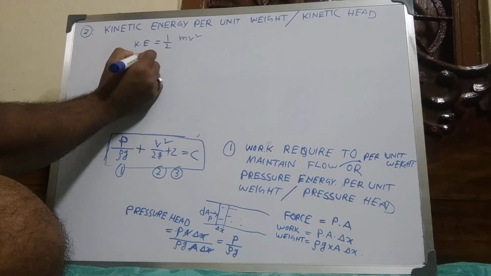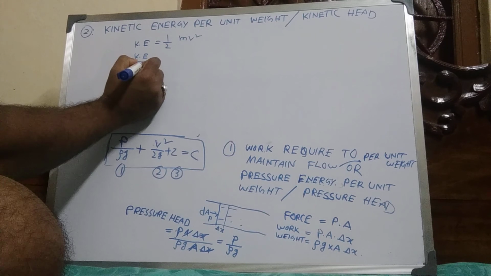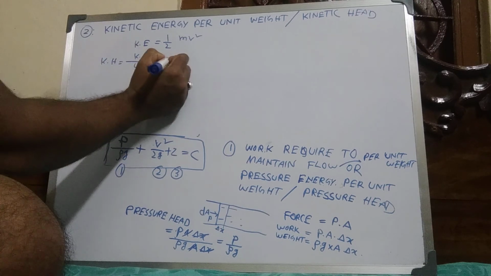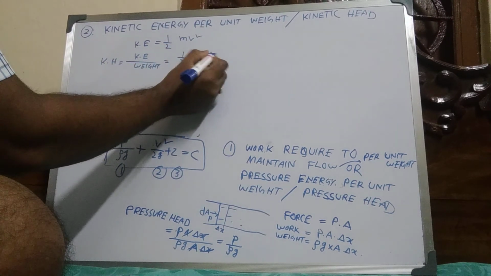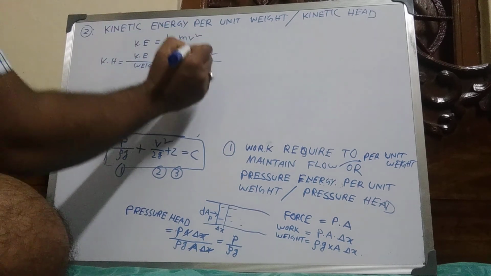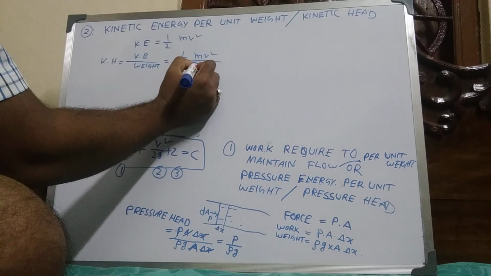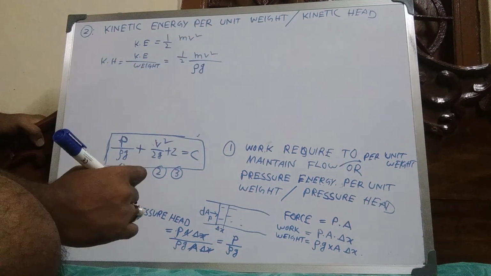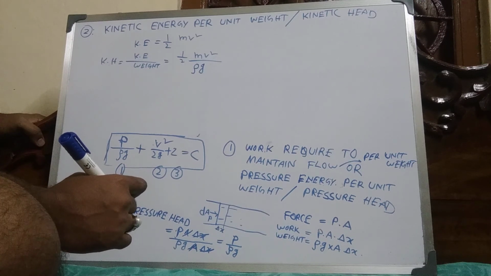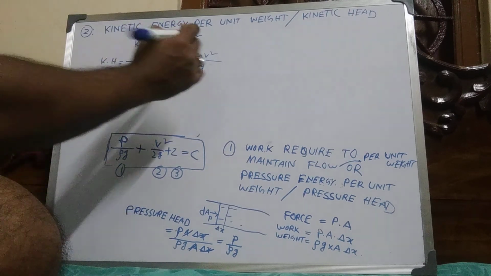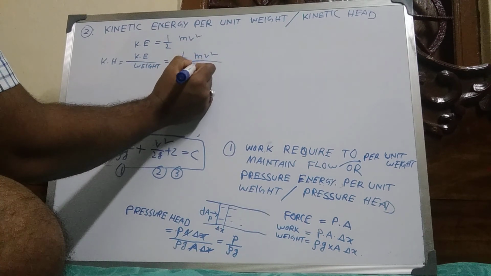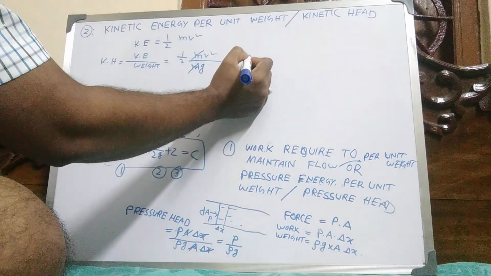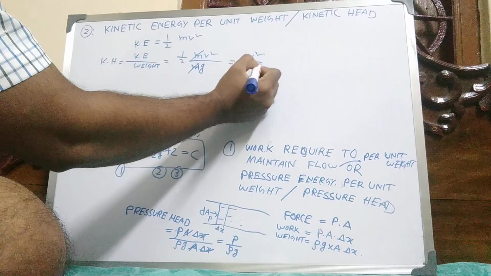So kinetic energy by weight, or kinetic head, equal to half mv square divided by weight, which is rho g into volume, rho g A into V. So it cancels out, so V square by 2g. This is the kinetic head.